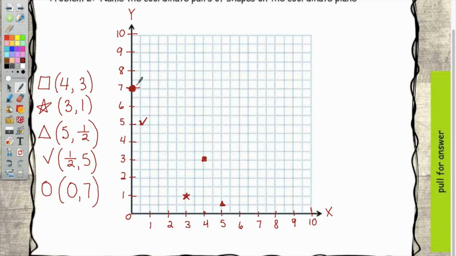Okay, let's do another one. Let's put a parallelogram. Remember how to draw one of those? Okay, I want you to put a parallelogram at 8.5, 0.